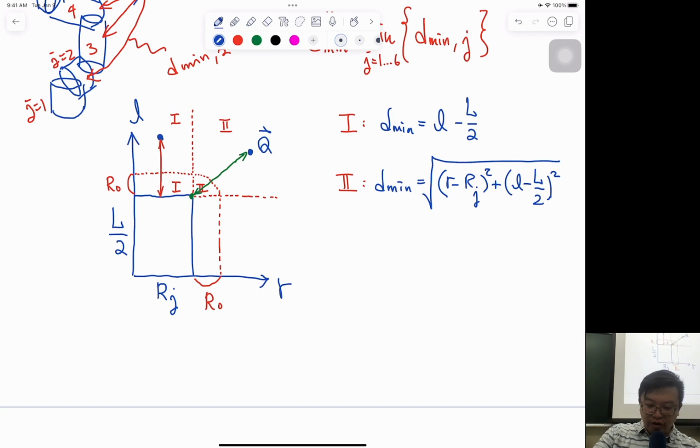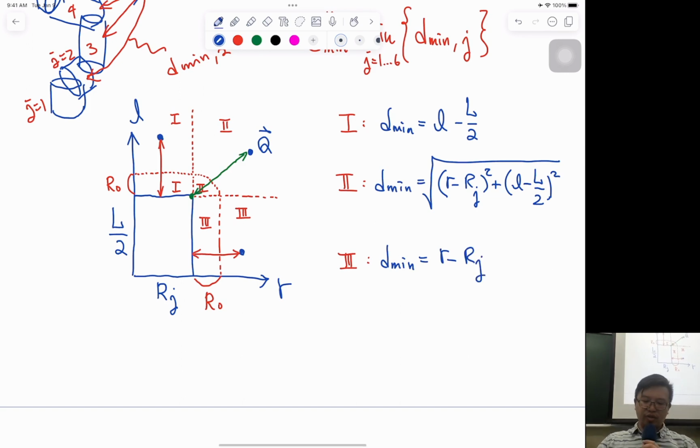Similarly, if you are in region 3, the obstacle, for example, is here, then the shortest distance is here. In region 3, d minimum is going to be r minus rj. That's it.